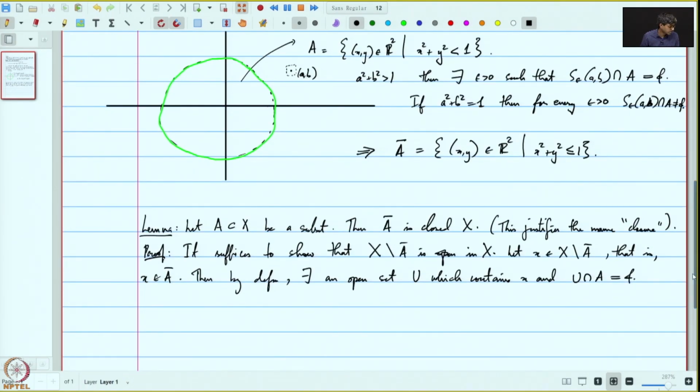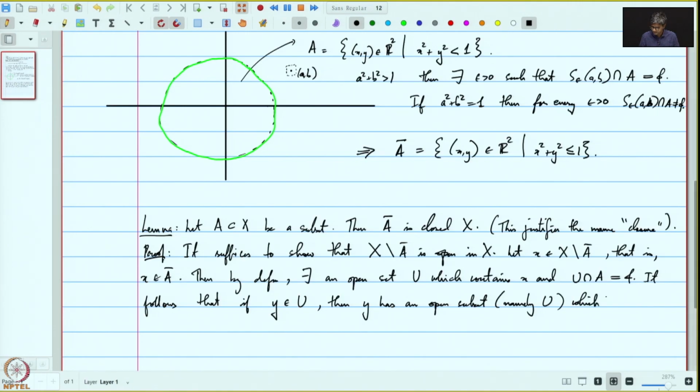Right, but it follows that if y is any point in U, then y has an open subset, namely U itself, which does not meet A. So thus y is not contained in A closure.